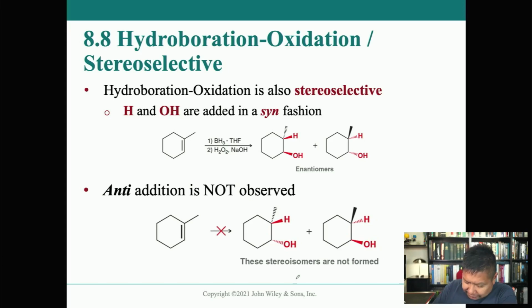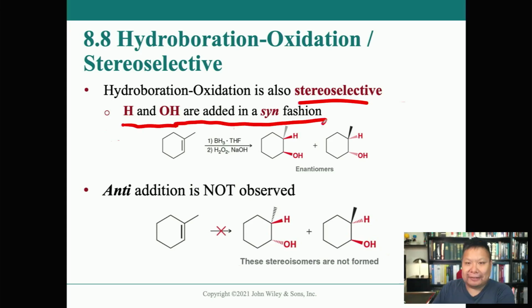Hydroboration oxidation is also stereoselective, right? But get this. Again, it brings me back to the nightmares of regioselectivity, stereoselectivity, and stereospecificity of the last chapter. But look here, OH and H, or H and OH, are always going to be added in the syn fashion.